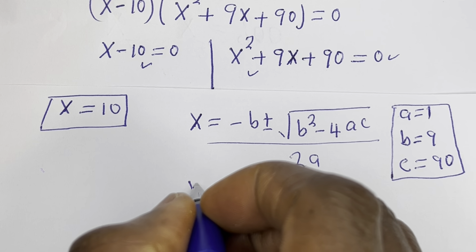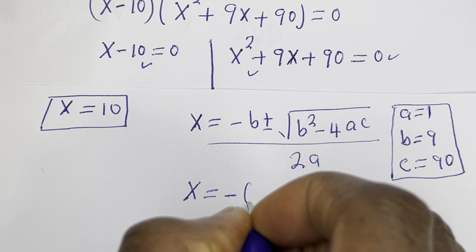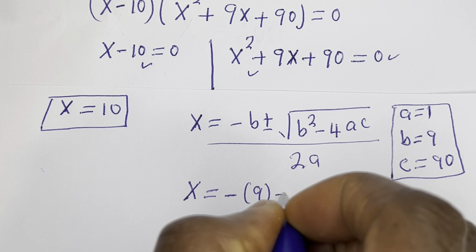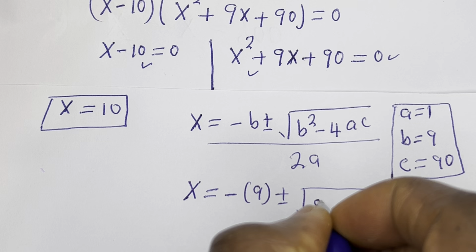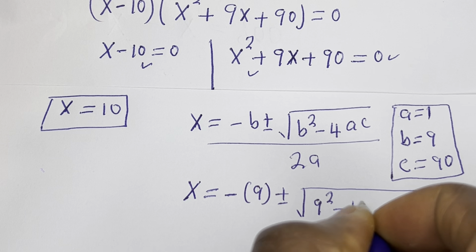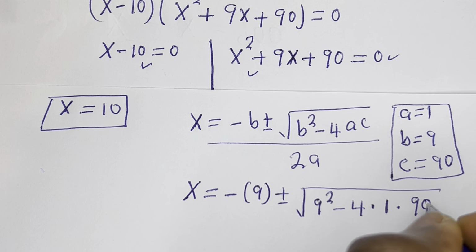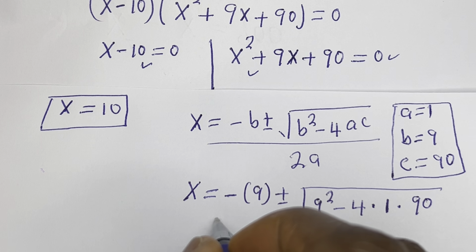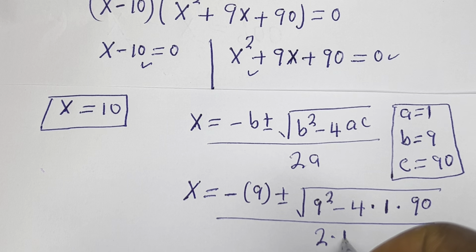Then s is equal to minus bracket 9 plus or minus square root of 9 squared minus 4 multiplied by 1 multiplied by 90. Then everything over 2 multiplied by 1.